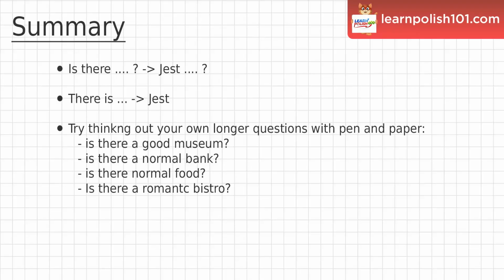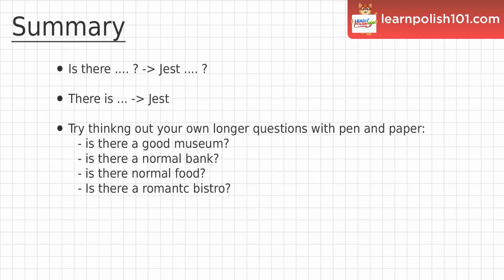And like I often say at the end of these lessons, a good time now to try thinking out your own longer sentences or even questions with paper and pen. So for example, is there a good museum? Is there a normal bank? Perhaps you've just been into a bank that's a bit crazy. Or perhaps it's just philosophically talking that all banks seem crazy, and is there a normal one?